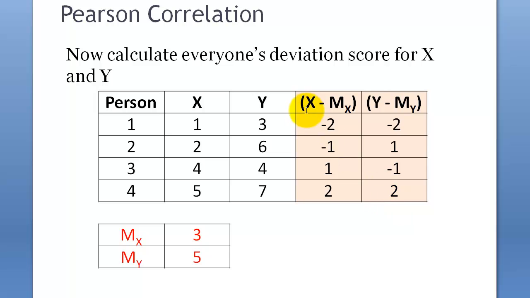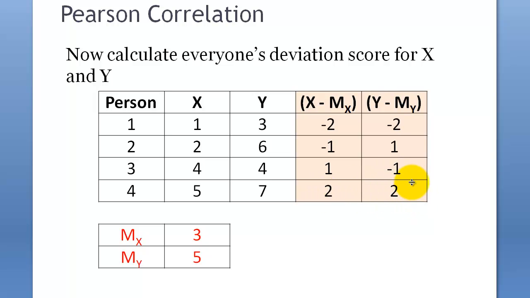So the product means this times this. In this case, minus 2 times minus 2. In this case, minus 1 times 1. And 1 times minus 1, 2 times 2.